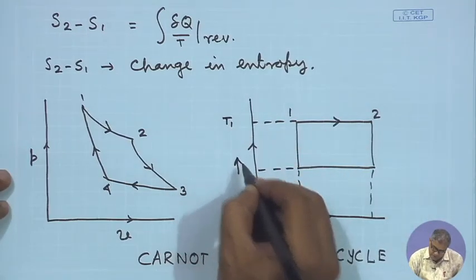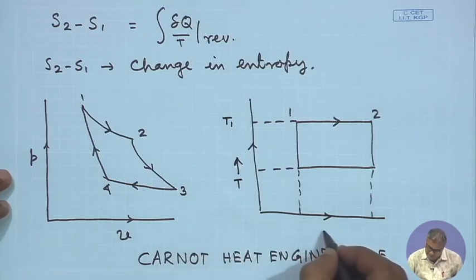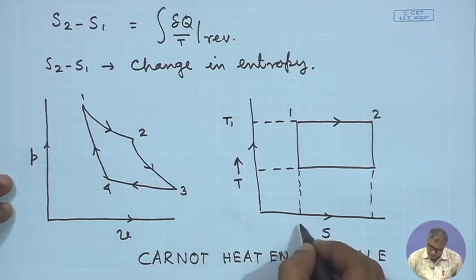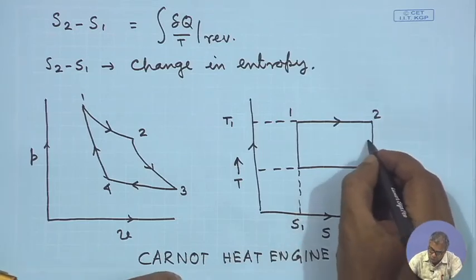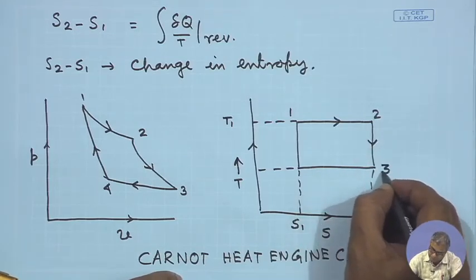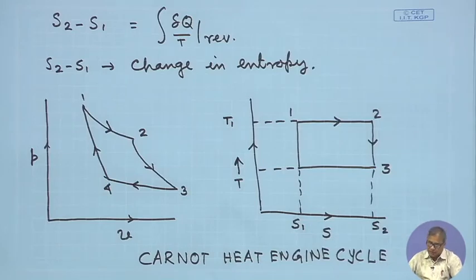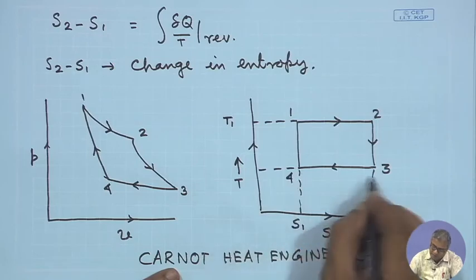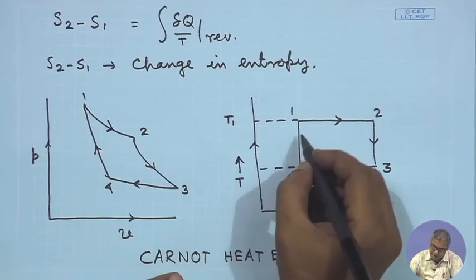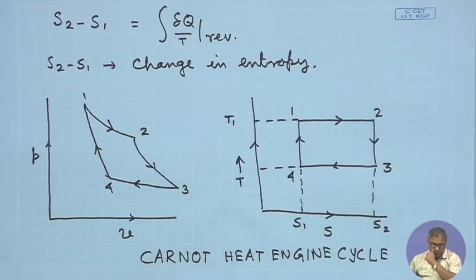This side is the T coordinate and this side is your S coordinate. So, this is S1, this is S2. So, 1 to 2 is the isothermal heat addition, 2 to 3 is the adiabatic expansion process, 3 to 4 is the isothermal heat rejection and 4 to 1 is the adiabatic compression process.